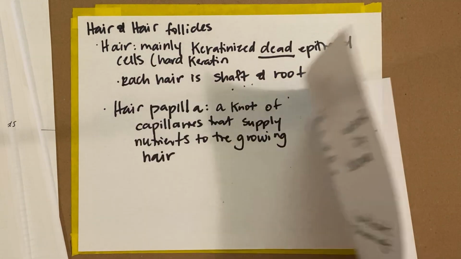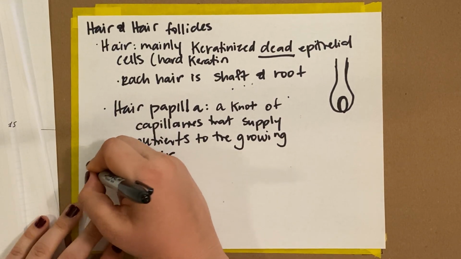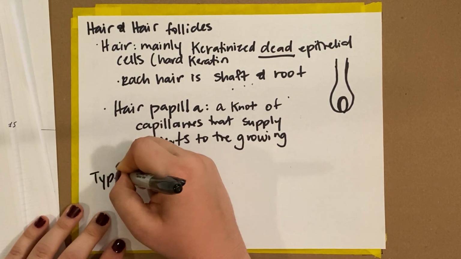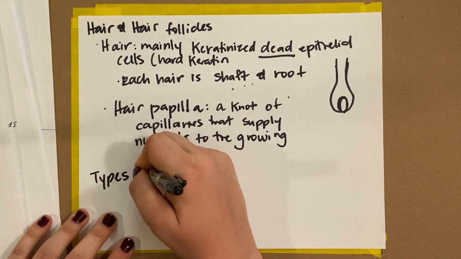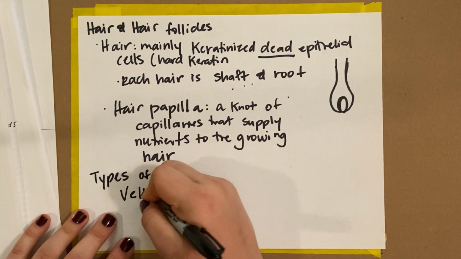And there are different types of hair. I just wanted to mention this, and you've probably noticed this, but maybe didn't know what they're called. So, types of hair. One type is called vellus hair.